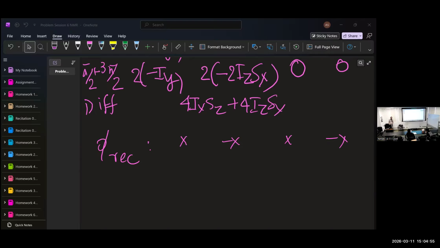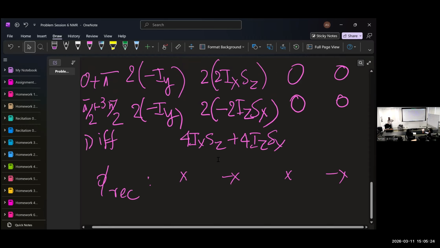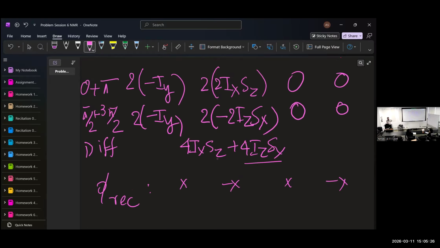Let's pause for questions. Yes. Is that second term in your final line the diagonal?